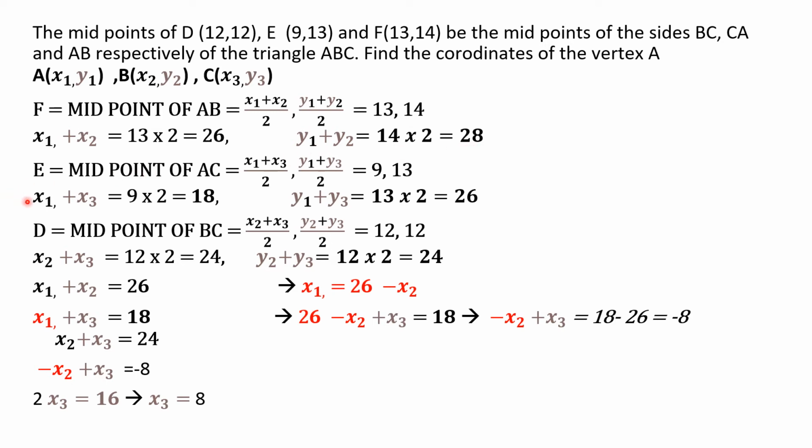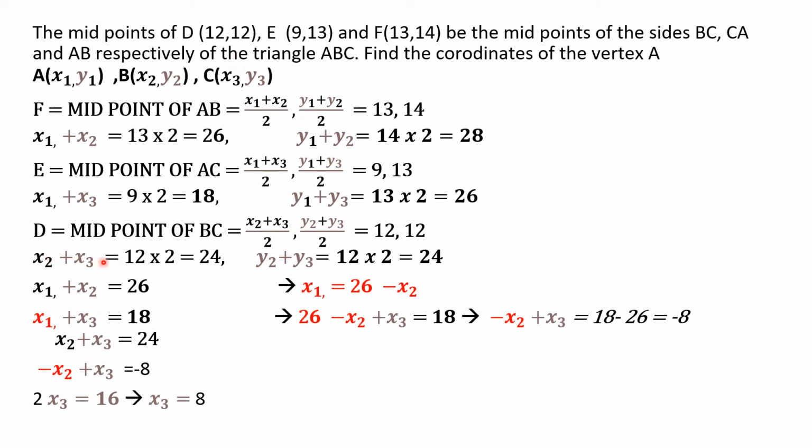In the same way, we can find x1 + x3 equal to 18, y1 + y3 equal to 26. And you know that D is the midpoint of BC. BC means (x2 + x3)/2, (y2 + y3)/2 equal to D, that is (12, 12).